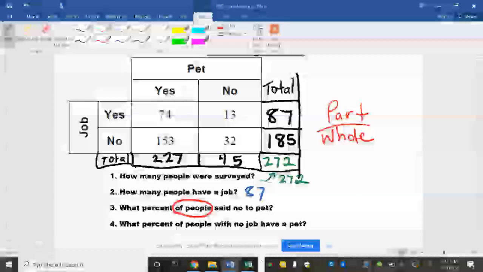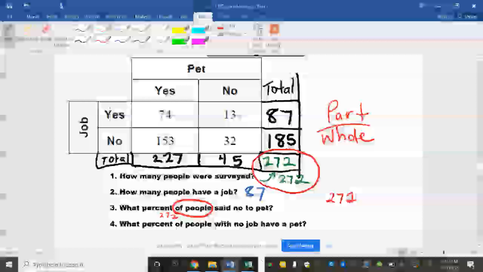If it's saying of people, that's talking about everybody. Of people means out of everybody, which is 272 people. So our whole amount would be 272, right? 272 is our whole amount, or out of all people.